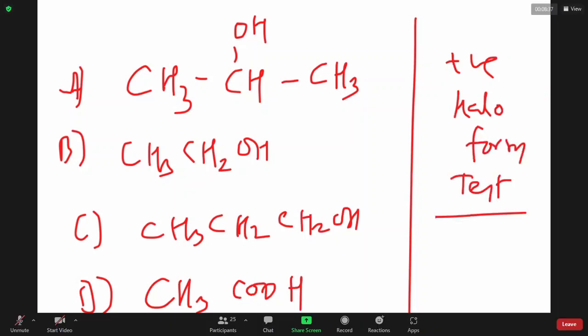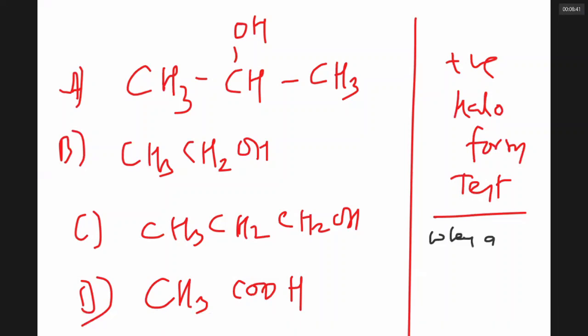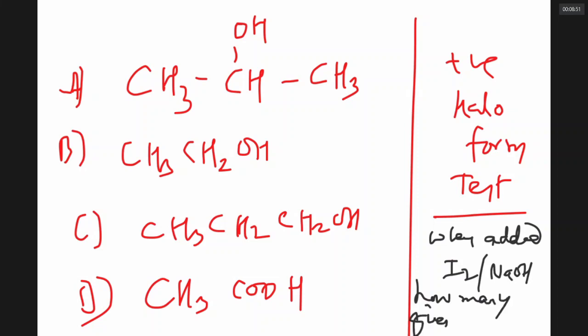The same question can be asked like, when added iodine and NaOH, how many give yellow precipitate? The yellow precipitate is haloform, iodoform. More than one option is correct.